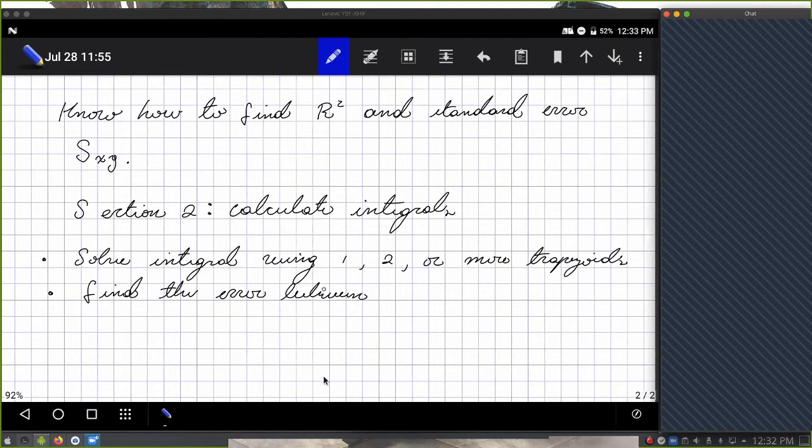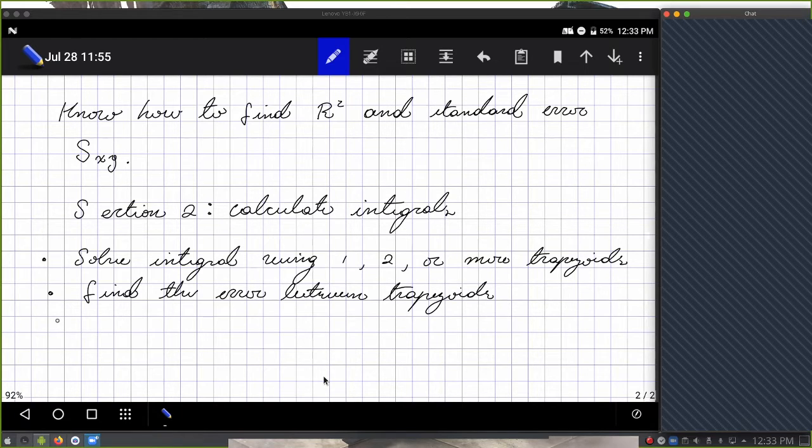What it means is, if you do your evaluation of the integral with two trapezoids and with one trapezoid, you have to find the error between those two. Again, it's a formula that you can find on the formula sheet.